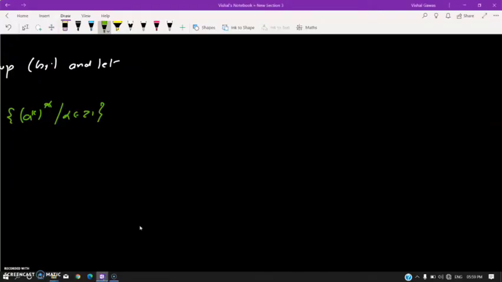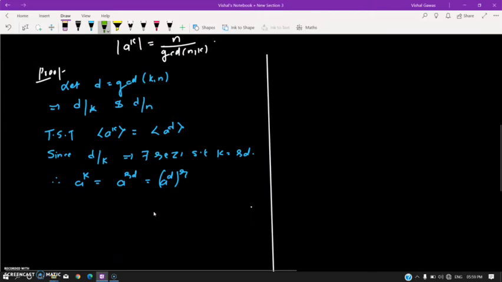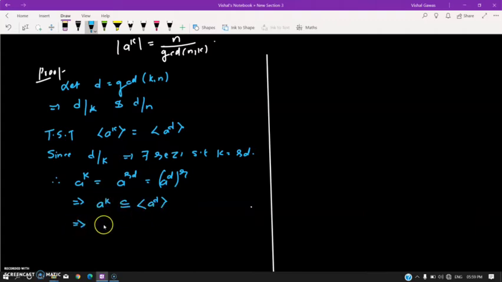If we come back, since a raised to k is some power of a raised to d, this would imply that a raised to k is contained inside the subgroup generated by a raised to d. And since this is a subgroup, we know that every element generates a subgroup. Therefore, if this element is here, all its powers would be here. So this would imply that the set generated by a raised to k would be a subset of the set generated by a raised to d. Let's name this as one.